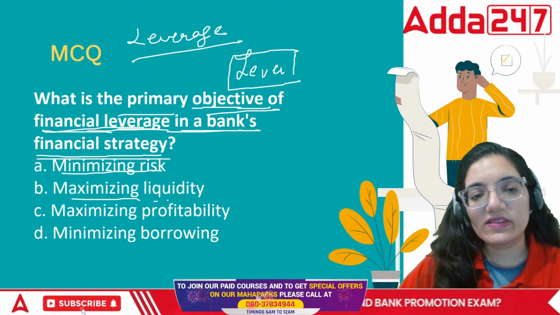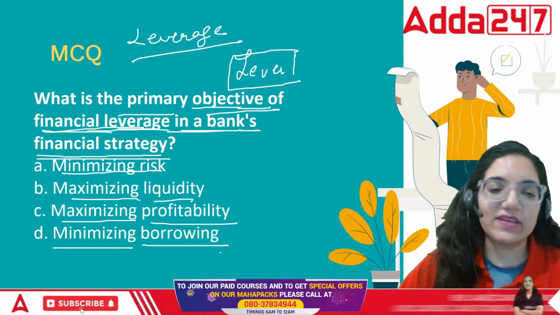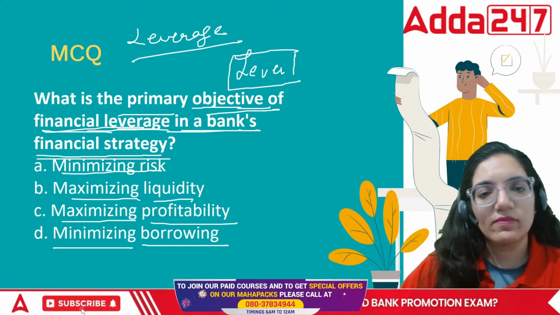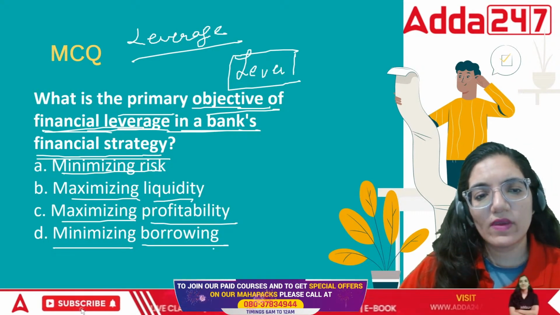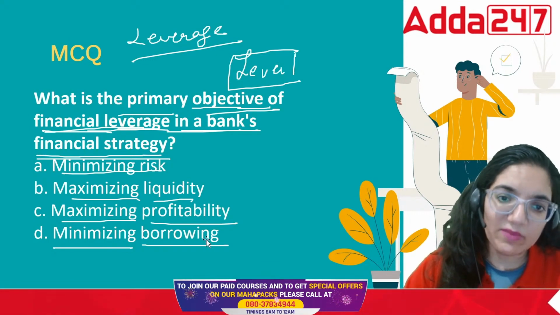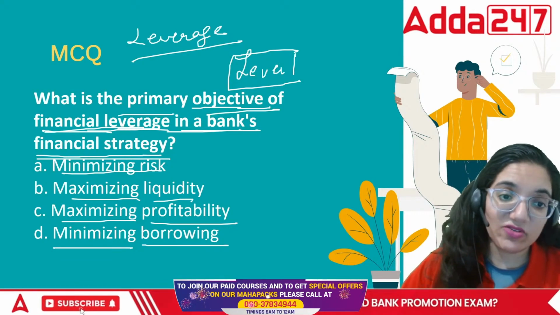Minimizing risk, maximizing liquidity, maximizing profitability, minimizing borrowing. Whenever we take leverage, it means either we put our money more, or we take money from outsiders. That means it can be both, the debt or the equity.